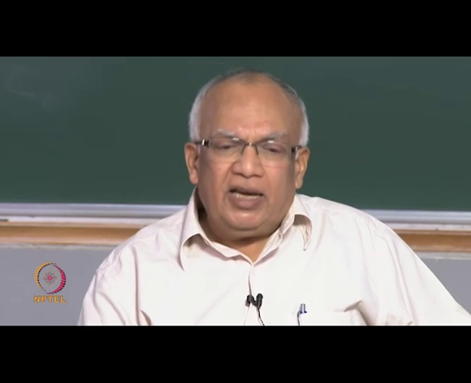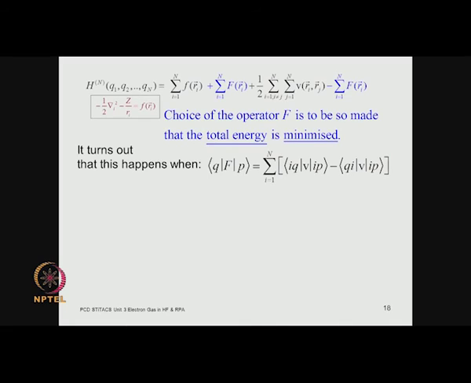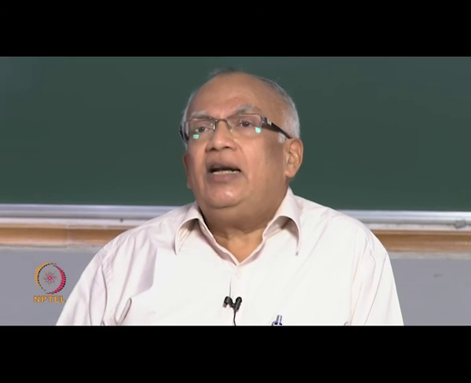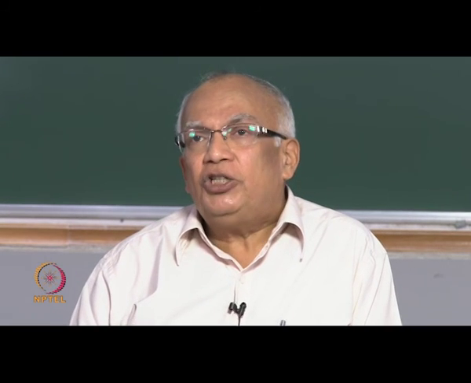Now, this particular prescription of choosing F, that the matrix element of F between Q and P is given by this difference of Coulomb and exchange integrals summed over i going from 1 through n, is completely equivalent, because concurrently it gives you the best wave function. How do you know it is the best wave function?